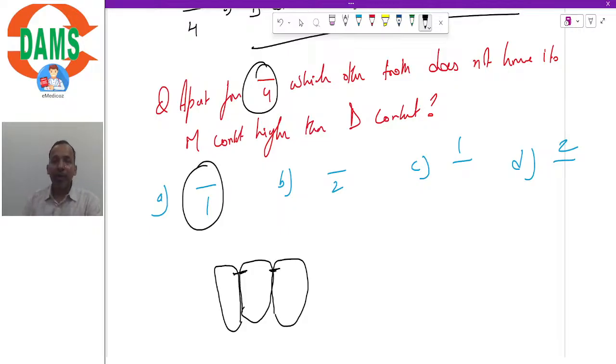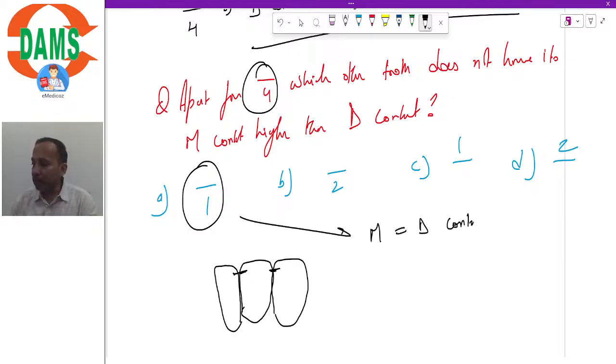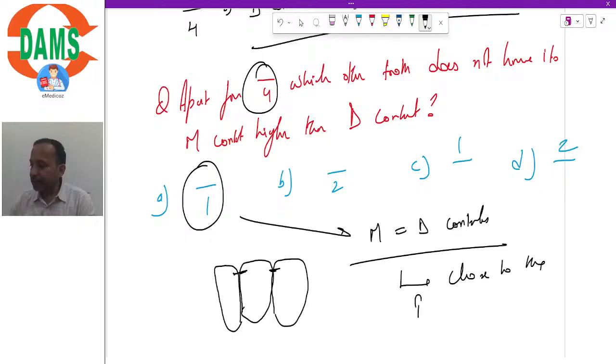Option 1, that is lower central incisor. So the lower central incisor is the only tooth where mesial and distal contacts are at the same level, and they are close to the incisal edge, right?